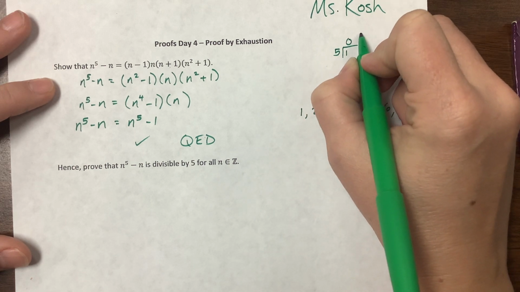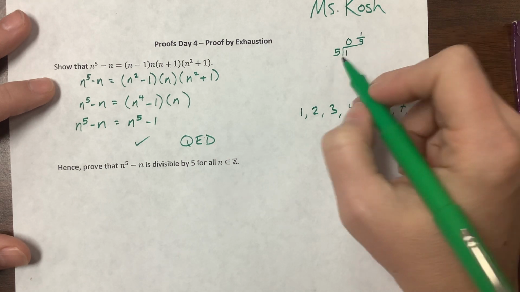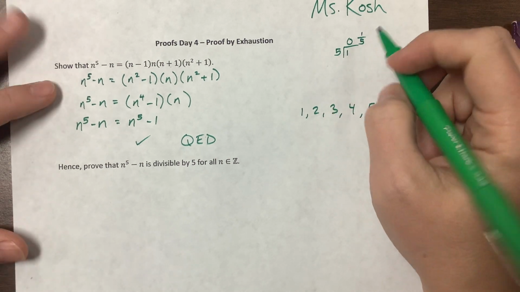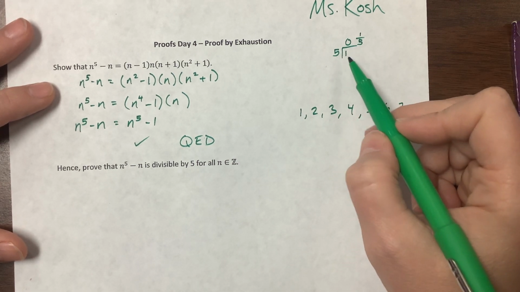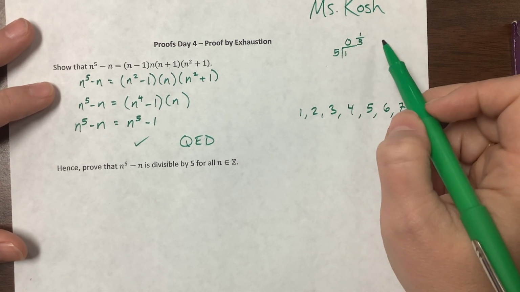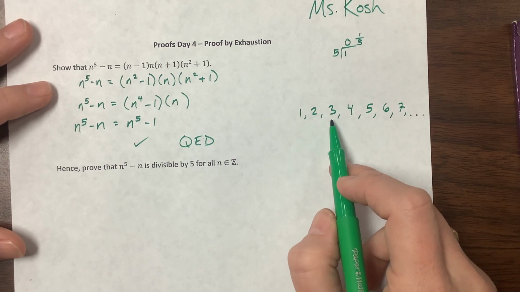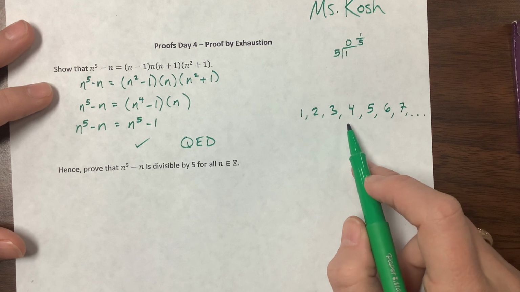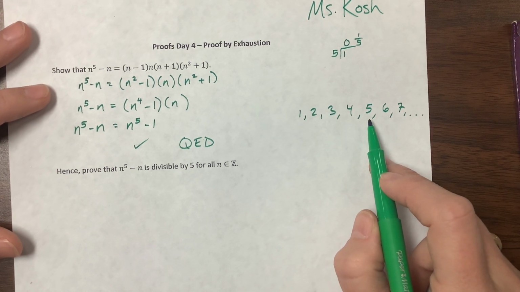It's going to have a remainder of 1, and so we would have said 1/5, which seems kind of like a silly way to say that. It's just 1 divided by 5 is 1/5. But what is happening mathematically is that you've divided it, and you have a remainder now of 1. Well, if I divide 2 by 5, I'd have a remainder of 2. 3, remainder of 3, divide 4 by 5, and I'd get a remainder of 4. And then once I get to 5, I have a remainder of 0.